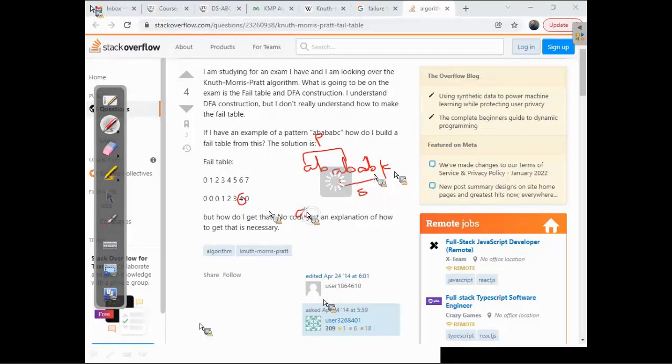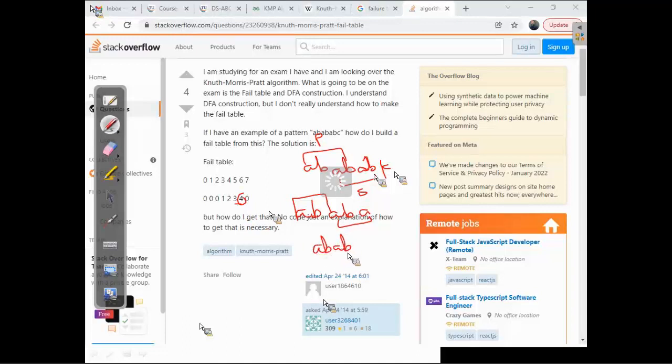Now, if you see the next portion, it is ABA. He's looking at that now. So the starting value is 4, and this is the next value. ABA: you see here, this is a suffix which is also a prefix, so it is 3. So that's why he got 3.